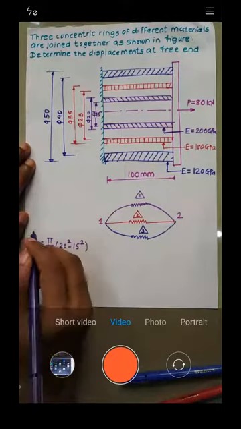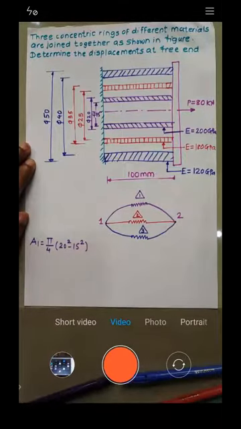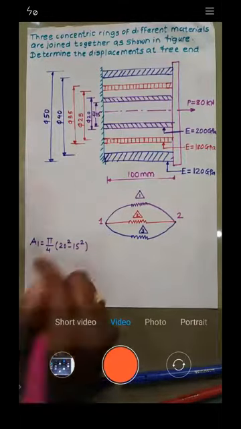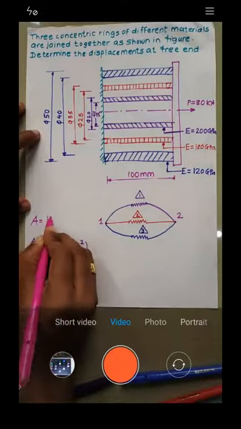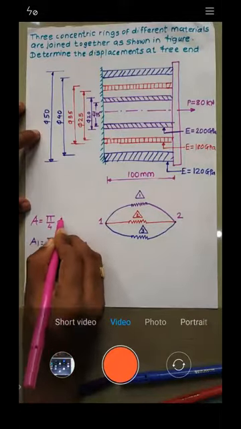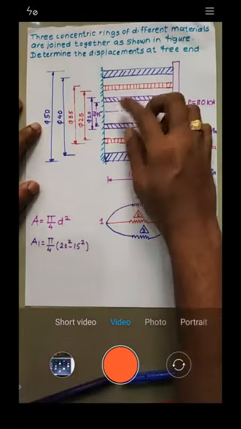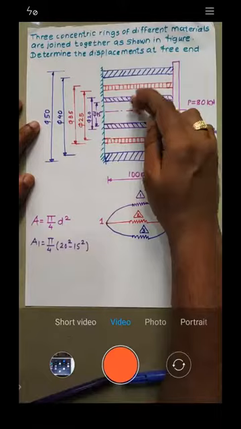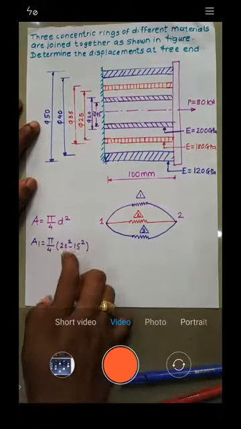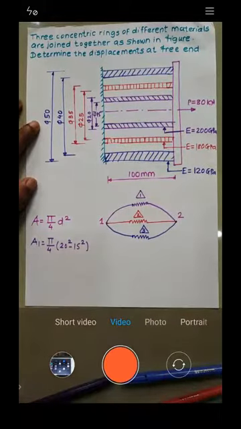I will write down the generalized formula. Area is given by pi by 4 d square, right? But this has two diameters, inner and outer. So it is pi by 4 outer diameter square minus inner diameter square. Let me know how much value you get.